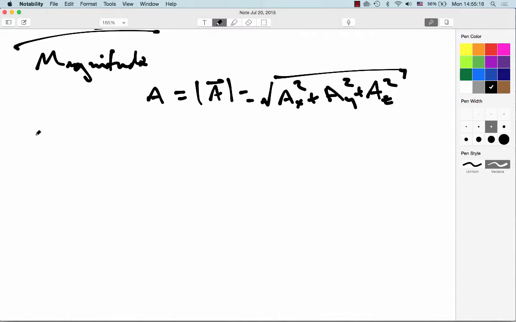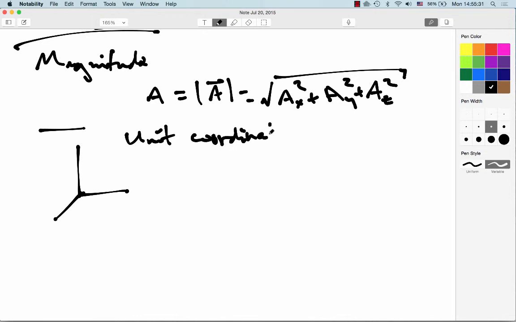Okay, we also have some very special vectors that get called the unit coordinate vectors, or just simply the unit vectors. These things go by a bunch of names. We'll follow what you've probably seen in calc. So this is x, y, z.